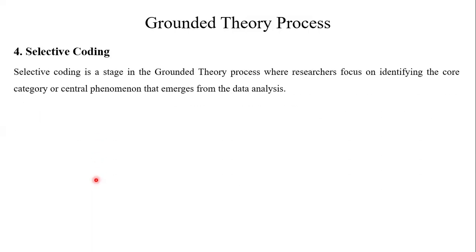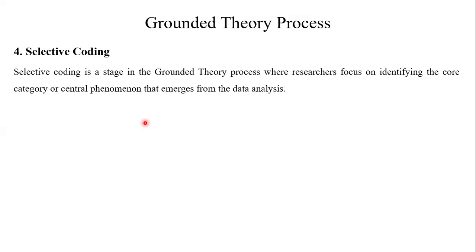The third thing is selective coding. Selective coding is basically the next phase after axial coding. In initial coding or open coding, you execute line by line coding.